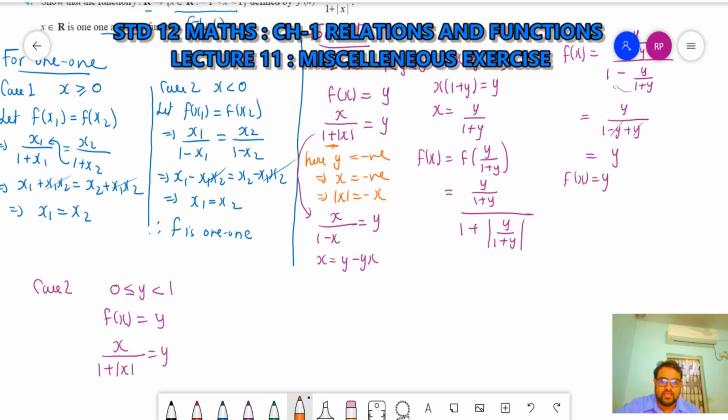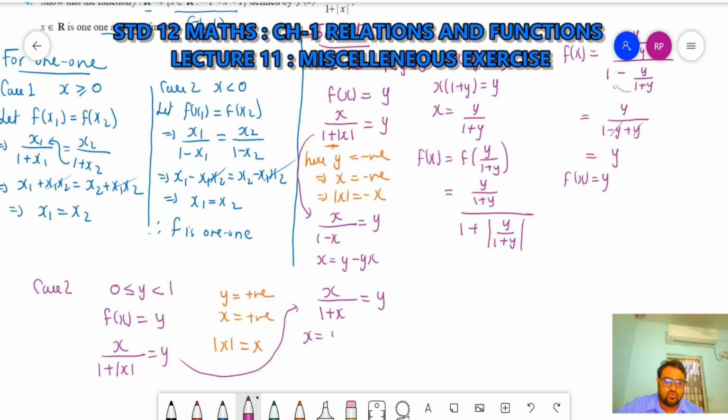What happened in this case? y is positive. That means the denominator is always positive, so the numerator will also be positive. Therefore modulus of x will be equal to plus x. So I will get x upon 1 plus x equal to y.